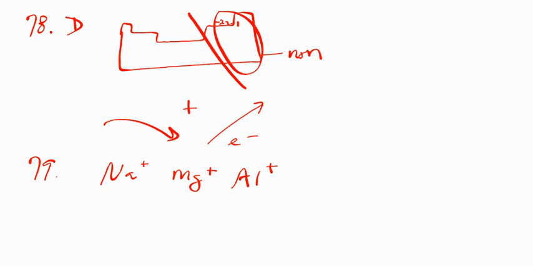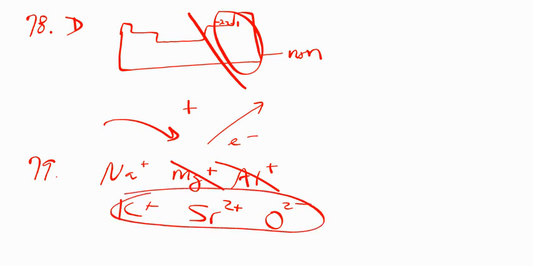B says K +, strontium's 2+, oxygen's 2-. Is that correct? Potassium, strontium, oxygen, that is all correct. Therefore, this is the only one that does apply. So for 79, the answer is B. Moving on to number 80.